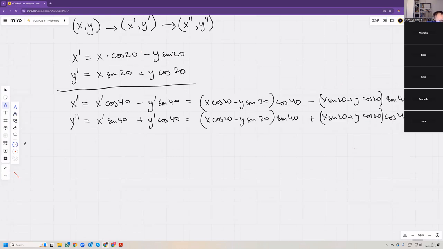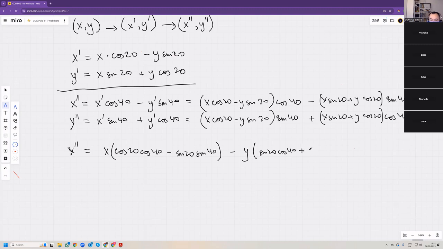If you open the brackets, you can simplify. x double dash is x cos 20 cos 40 minus sine 20 sine 40, plus, or you can say minus y, sine 20 cos 40 plus cos 20 sine 40.